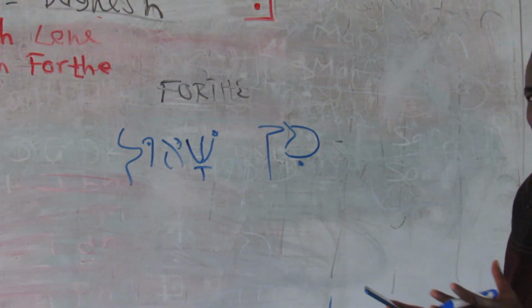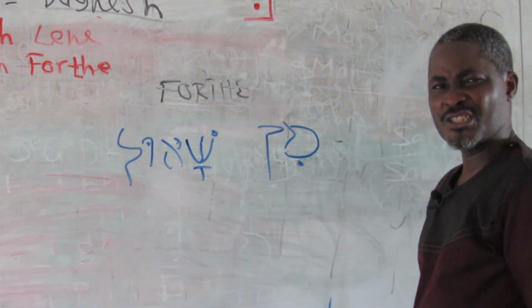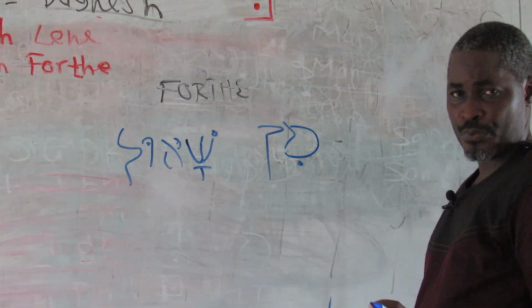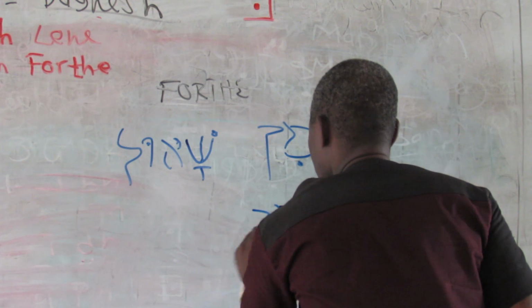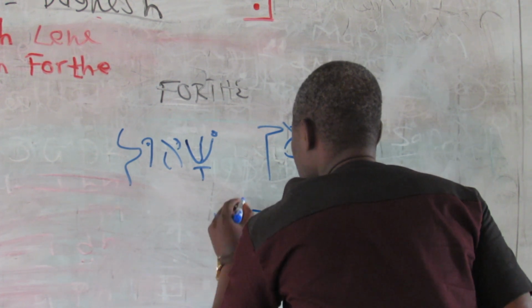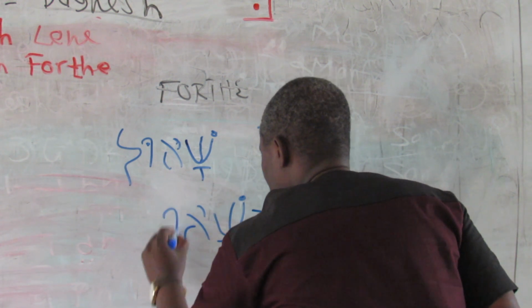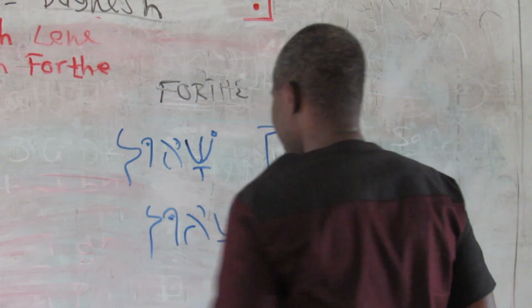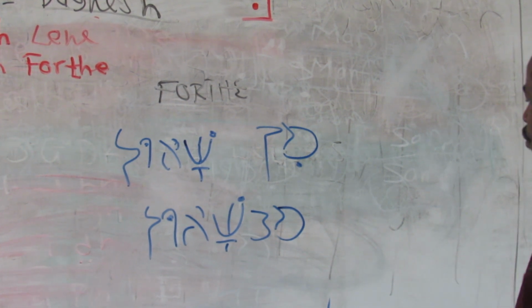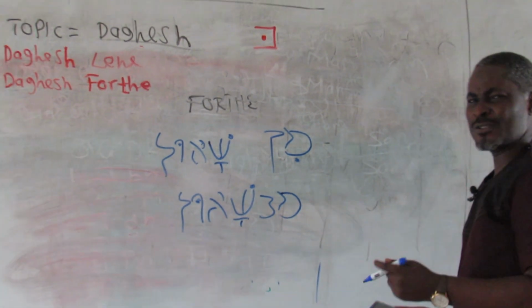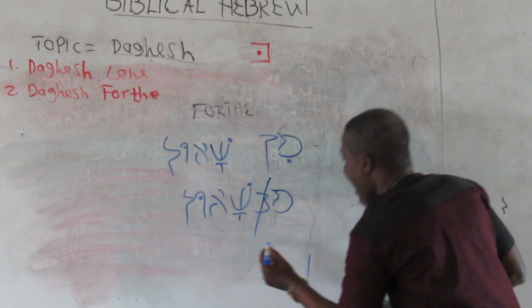But in Hebrew, you can't write it separately. Prepositions are inseparable. So it has to be min, shaul. But because you are rushing on to pronounce, the letter nun has to drop.